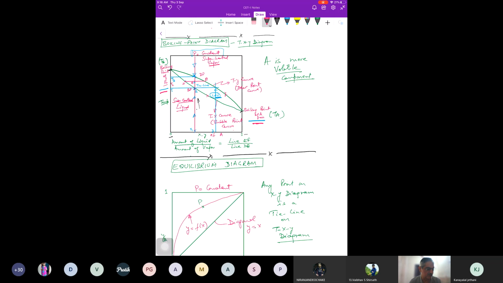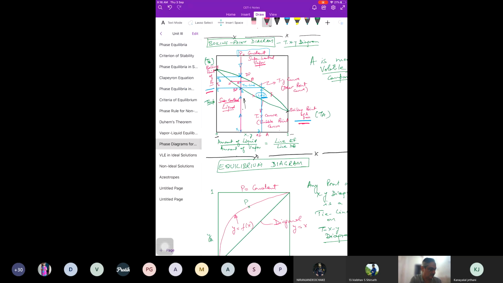The curve here is between those two temperatures. Right? So we assume a temperature between the boiling point of A and boiling point of B, and then calculate the vapor pressure for that temperature.